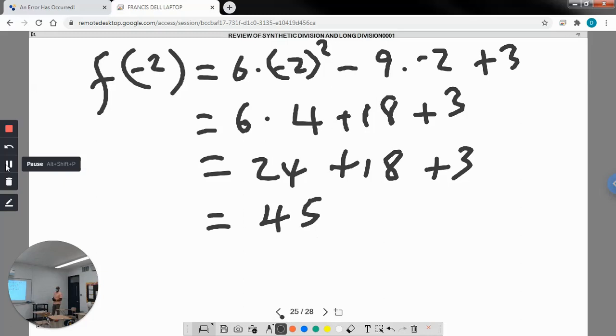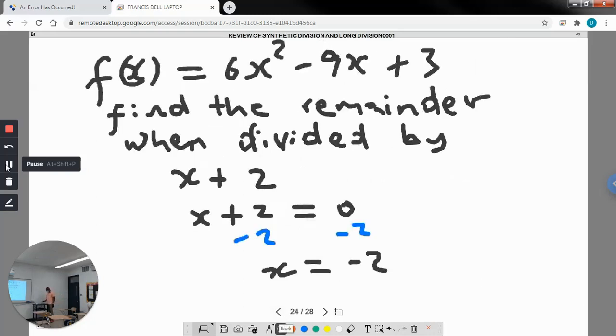Alright? I'm going to give you another one to try. If you go back a little bit, remember the steps. First thing you want to do is to equate whatever you're dividing by to 0, and then you solve for x.